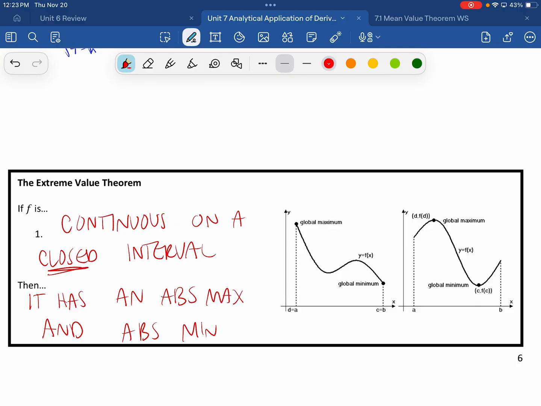All right, so the conditions for EVT: closed interval and continuity. If that's true, then it has an absolute max and an absolute min.